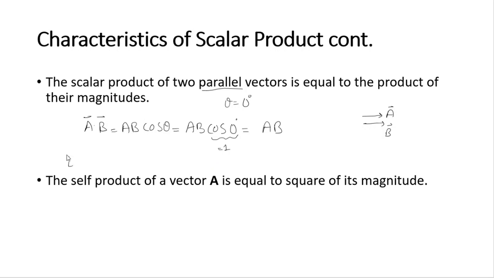Similarly, I can write down the unit vectors i dot i, j dot j, and because they are parallel to each other, they will be equal to 1. The self product of a vector A is equal to the square of its magnitude, because we are multiplying the same vector with itself, so we will get A squared.